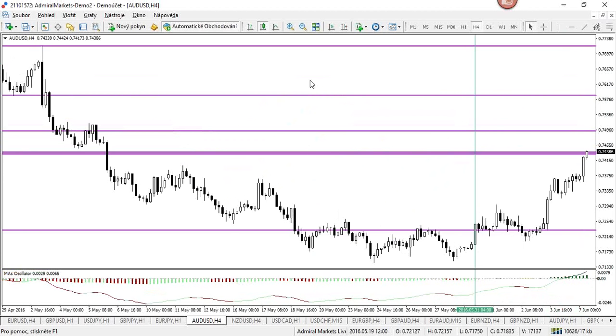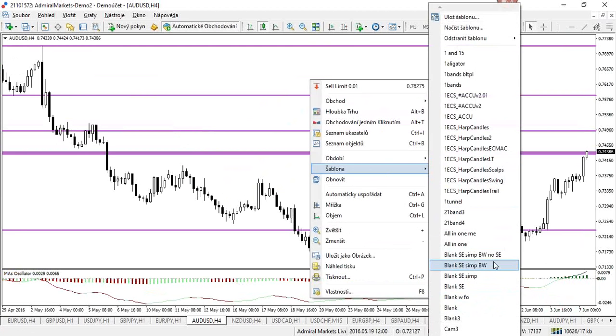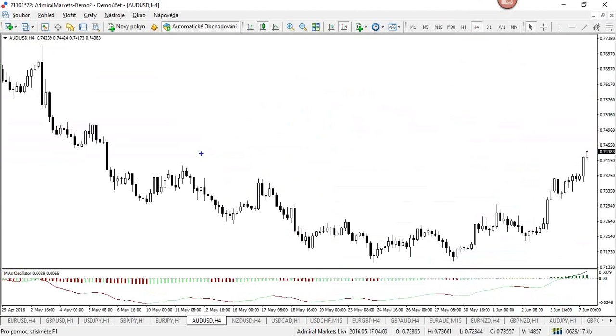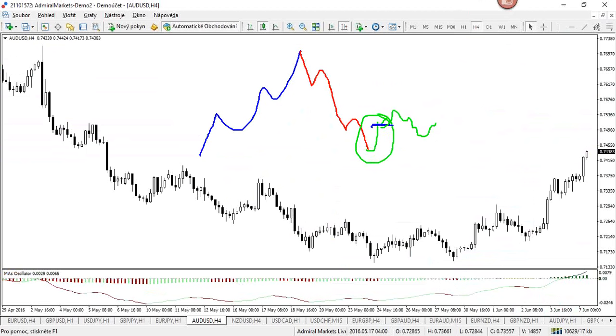Let's take a look at a blank chart. So if you get a continuation, you get a trend, right? You get a pullback, and you get a good bounce here, let's say, here. All right, so we take the trade in here. But the trade takes a bit too long and starts going like this.